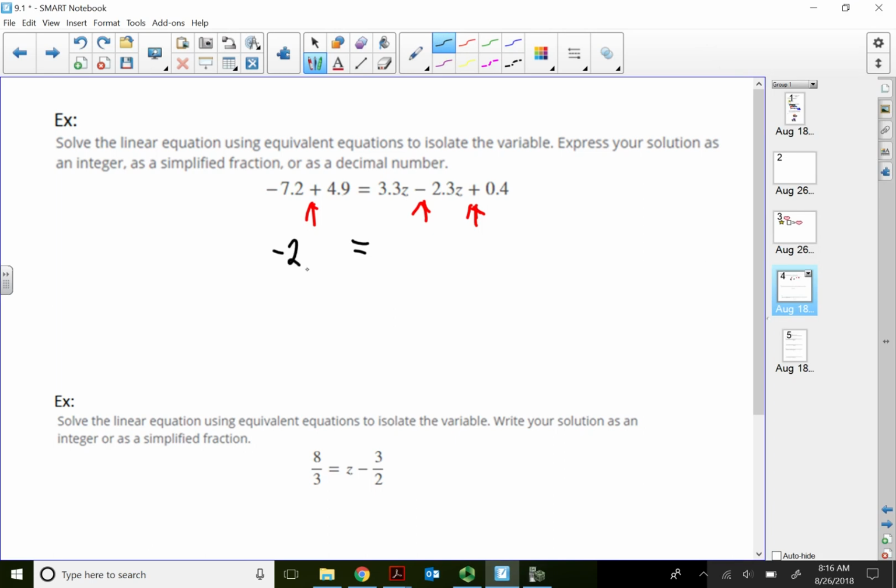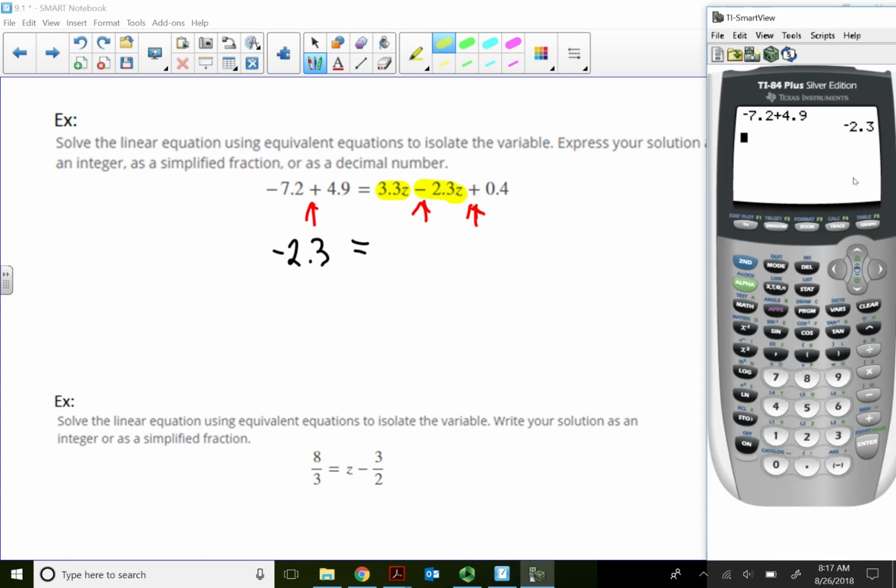On the right side, the 3.3z and negative 2.3z are like terms, so I can combine them. So 3.3 minus 2.3. Remember, you cannot enter variables in the graphing calculator to do this. You can only key in coefficients.